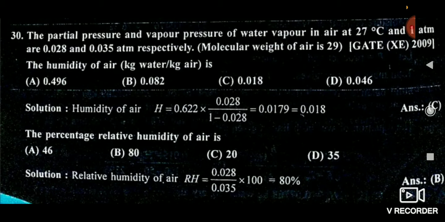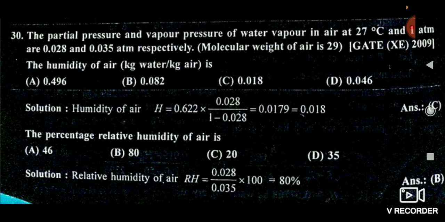Friends, here the P total, you can see that it is present at 1 atmospheric pressure, that is 1 atm, and the PWV, means partial pressure of water vapor, is 0.028, and the vapor pressure of water, friends, is also called the pressure at its saturation capacity.